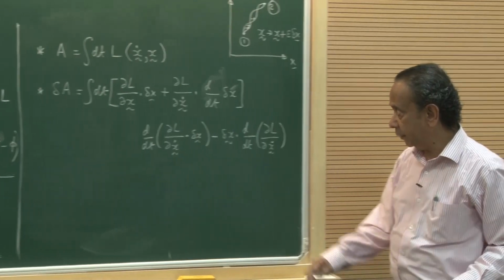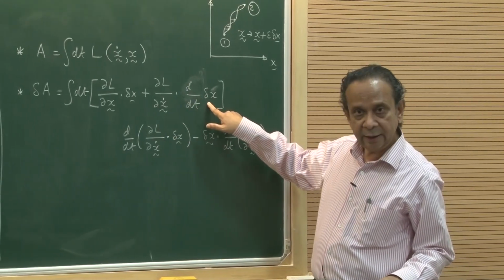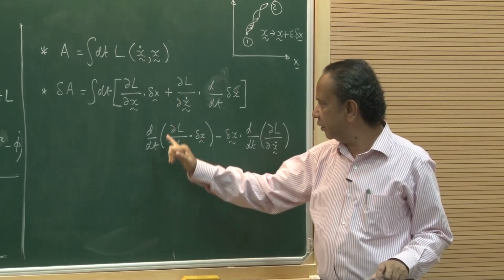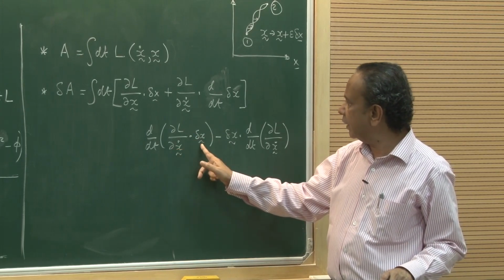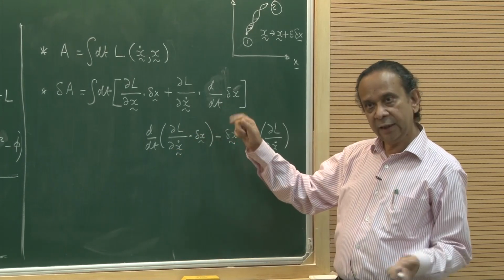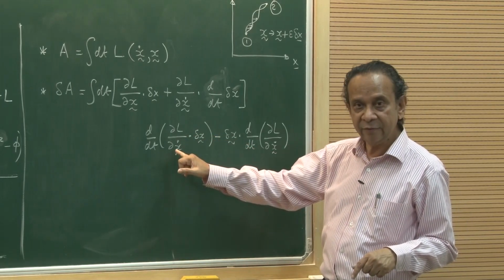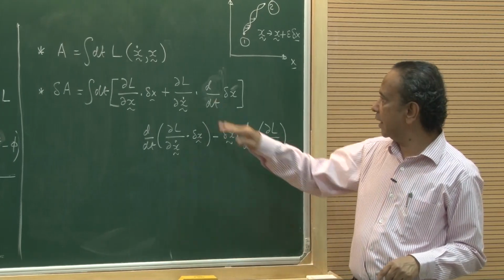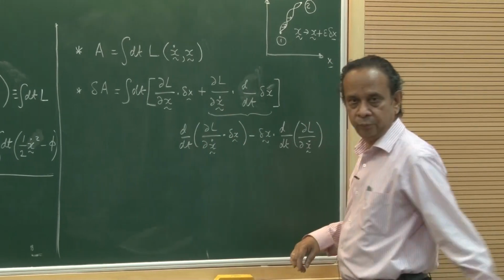Let us see what has been done. So, this is dl by dx dot times d by dt of some quantity. So, I take d by dt of this whole thing. I will have one term which is this d by dt of delta x, but there will be an additional term. That additional term will be delta x multiplying d by dt of this, which I am subtracting out. Okay. So, I can always write this second term here in this form.